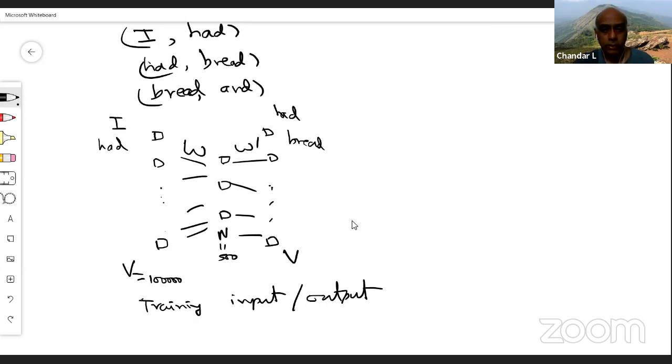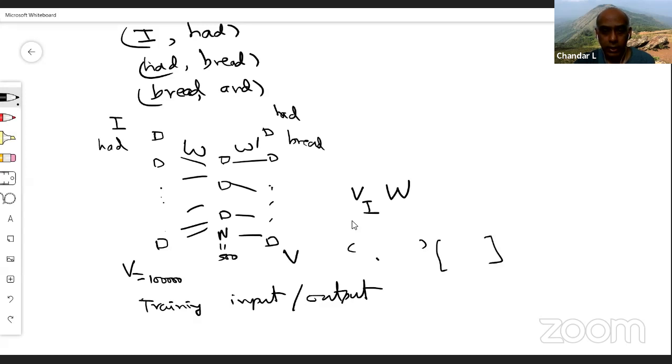So in some sense, let us say the input word was, let me call it, V_I. Let us say V_I was the input, and this is getting multiplied by the matrix W. And let us say V_I I represent as a row vector. And this row vector is multiplied by a matrix.